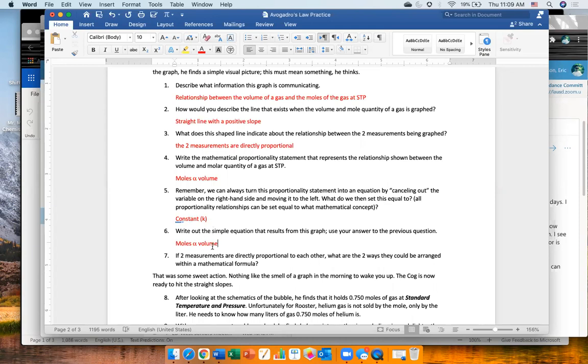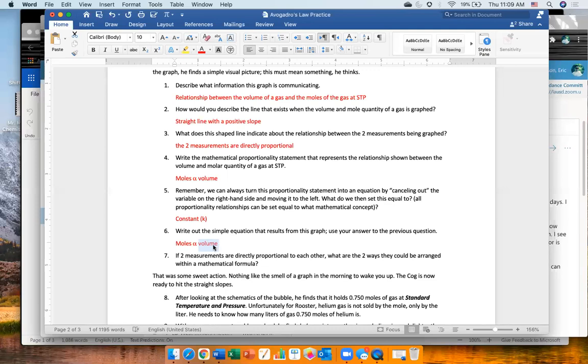I want to take what I have here and turn it into a math equation, meaning that I need some sort of equal sign. So I have to put an equal sign into it, but I'm not going to just put this in. So what I want to do is turn this thing into an equal sign. Again, this isn't really a thing, but what I found that I could do is just cancel this out. I could treat it like an equation.